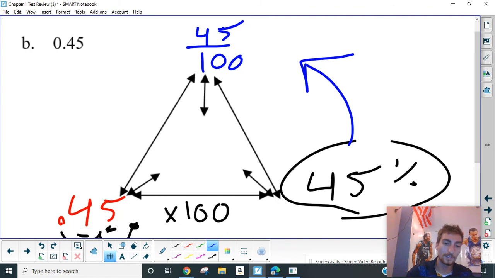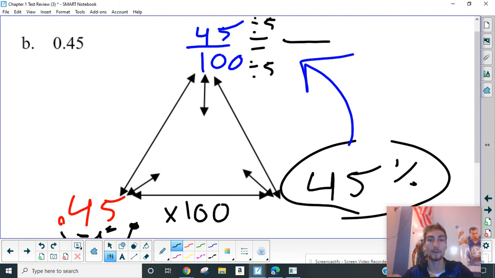Oh yeah, I could simplify. So 45 over 100 would then turn into what? Well, I can divide 45 by 5 and 100 by 5, so I'd have 9 over 20, which would be so much easier to draw than 45 over 100. So 9 over 20.